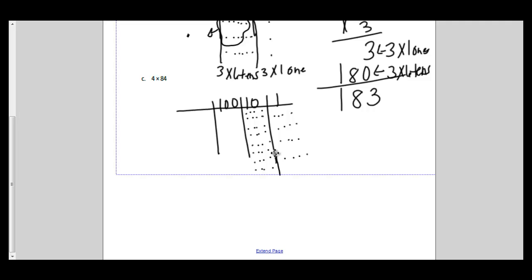Now, when you get a bunch of dots like this, it gets really easy to get this confused. So I'm going to circle 10 over here. Now I'm going to circle groups of 10 here.